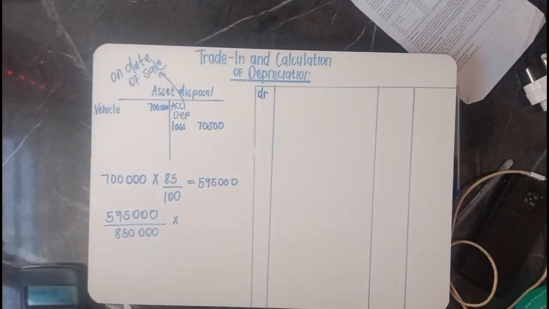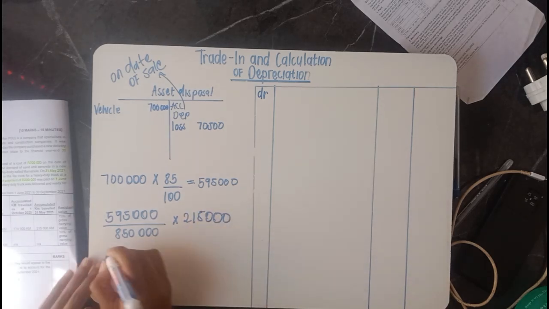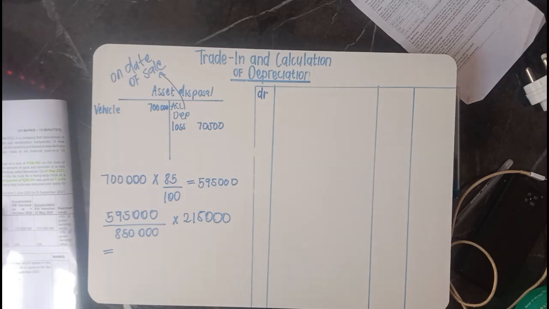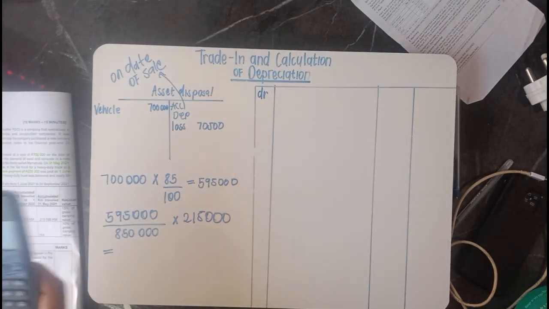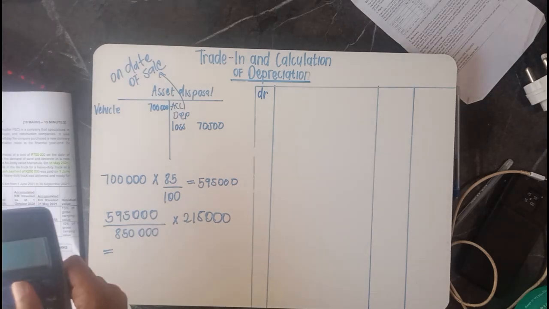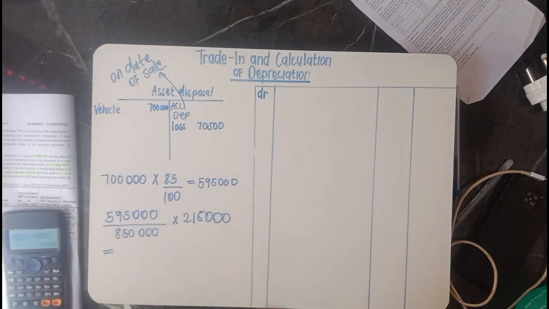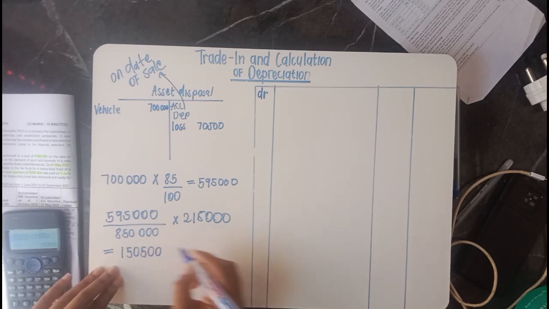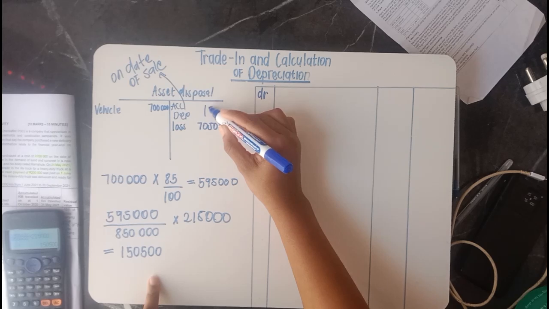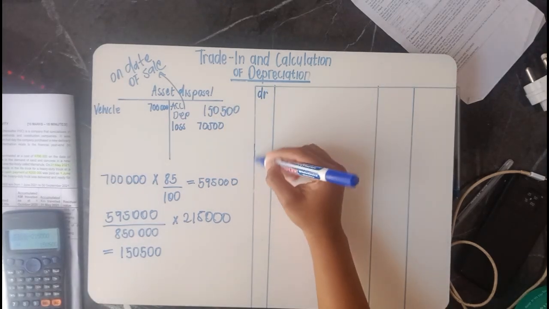So you're going to multiply: 595 divided by 850 multiplied by 215, and that gives you 150,500, meaning here you're going to have 150,500, right?